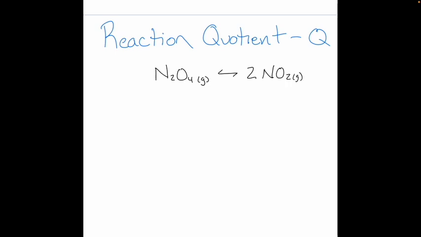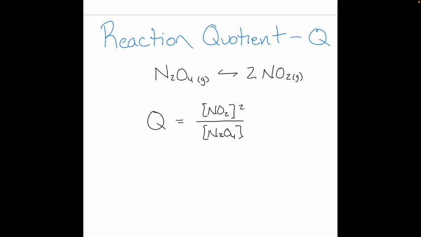The expression for my reaction quotient Q is literally the exact same as an equilibrium expression, right? So for this particular reaction here, let's do it in terms of concentration. It's my concentration of products over my concentration of reactants, right? It's just that same equilibrium expression.